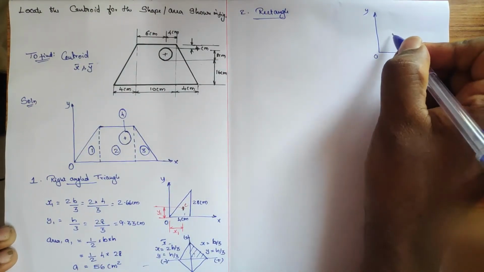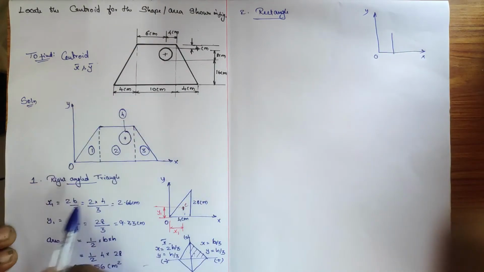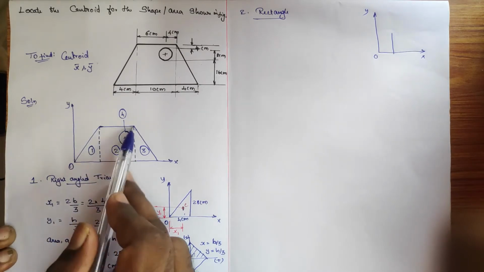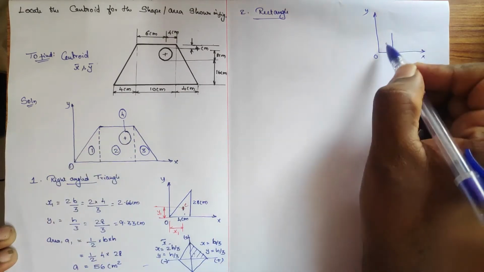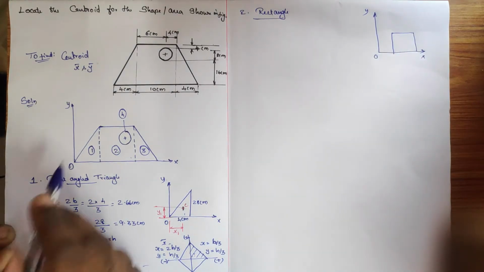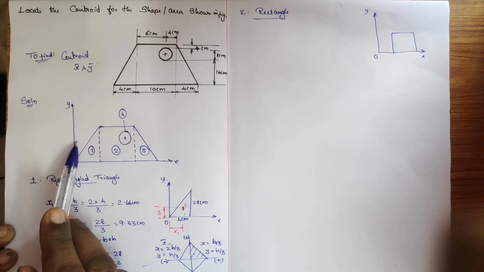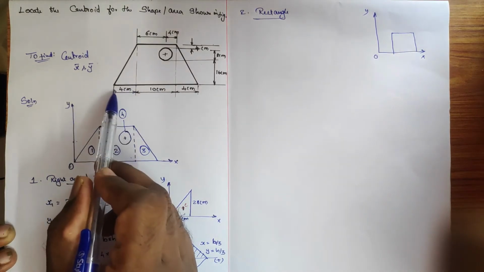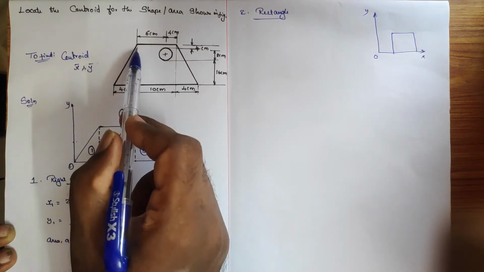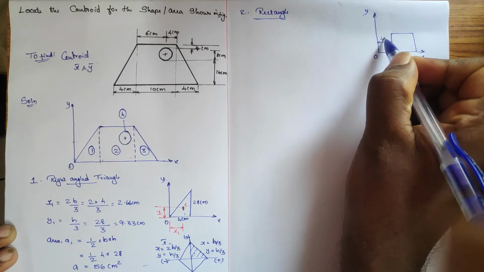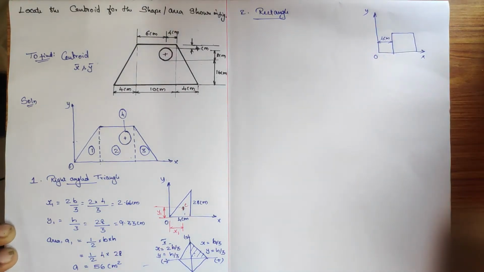From the y axis it is somewhat far, so I just kept it far from it. And what about the gap between the y axis and this particular side? The distance from this to this is 4 centimeter. From the y axis it is 4 centimeter. You must note it down.